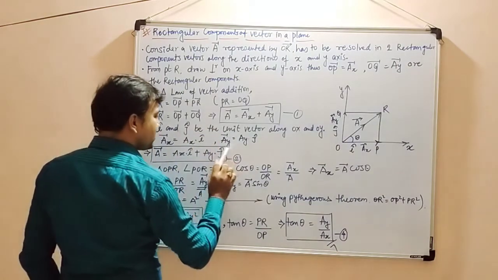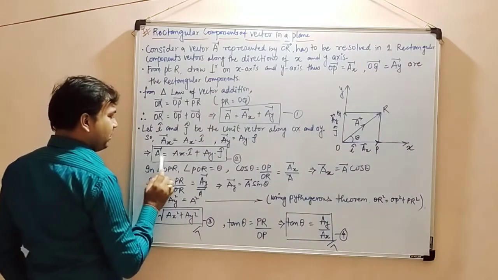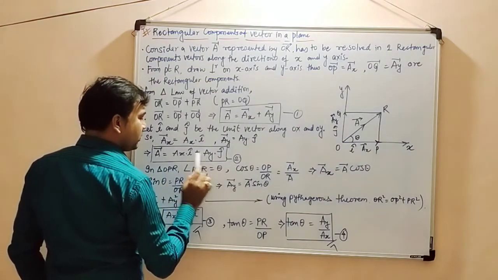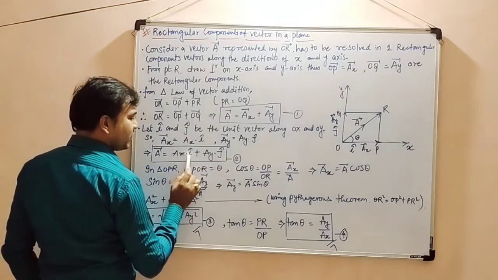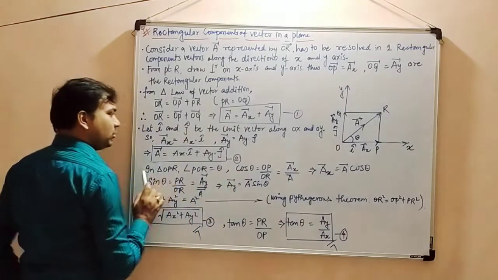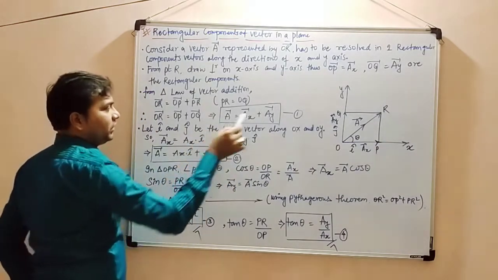Substituting these two values in equation number 1, vector A becomes AX I cap plus AY J cap. This is equation number 2. This is also correct.